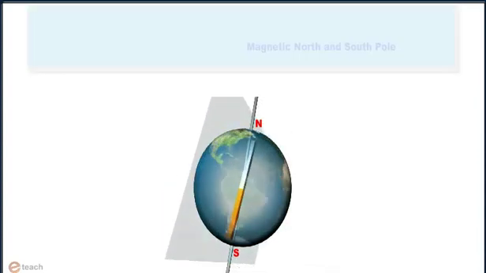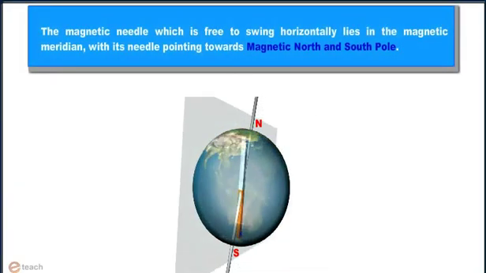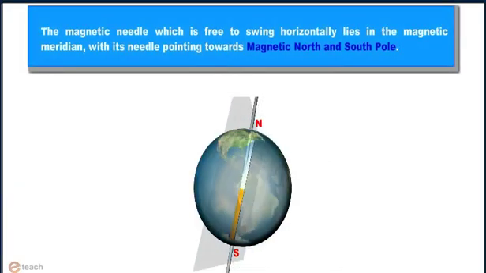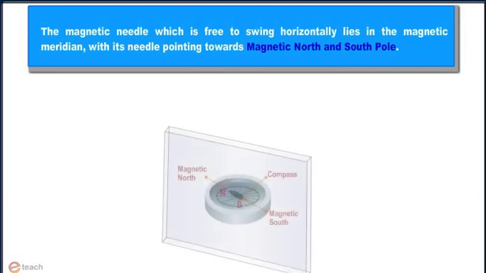The magnetic needle, which is free to swing horizontally, lies in the magnetic meridian with its needle pointing towards the magnetic north and south poles.